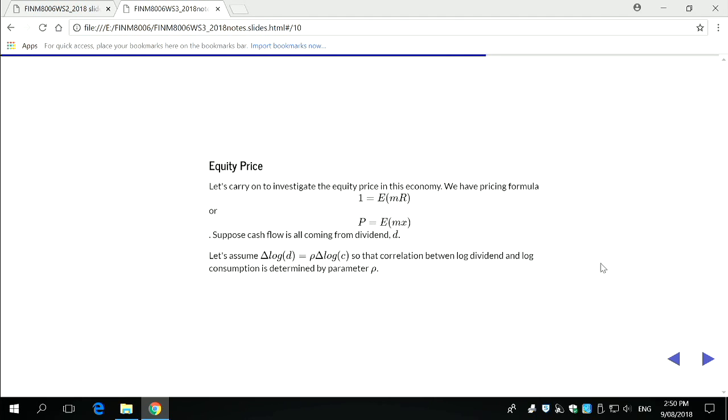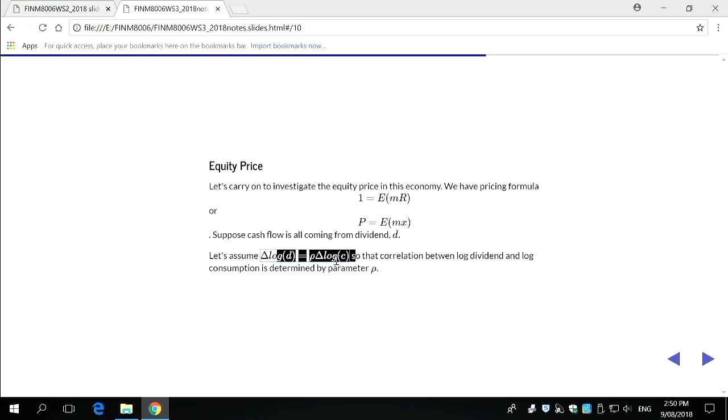Now we can move on to the risky asset. So we can calculate the equity price also. What's the equity price? Equity price, P equal to expected MX, remember, right? That's our general formula. So let's suppose this X is the payoff from dividend, and the payoff from dividend is correlated with your consumption.